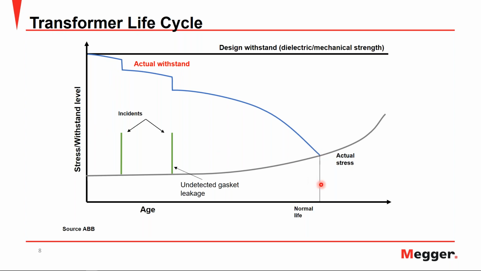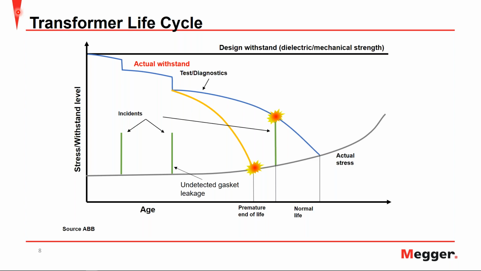if one of these incidences were to occur towards the end of the life, you could see a premature failure in the transformer. Or in the case of your undetected gasket leakage incident here, it could cause a defect that would cause further decay or an exponential decay of your withstand and could cause premature end of life.